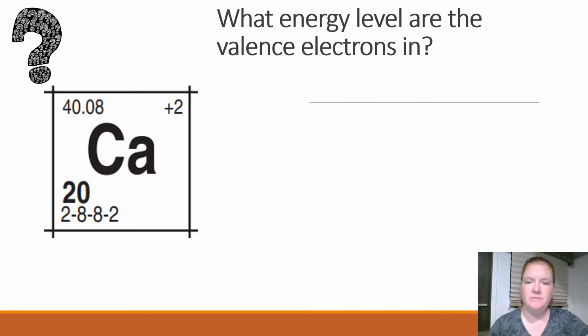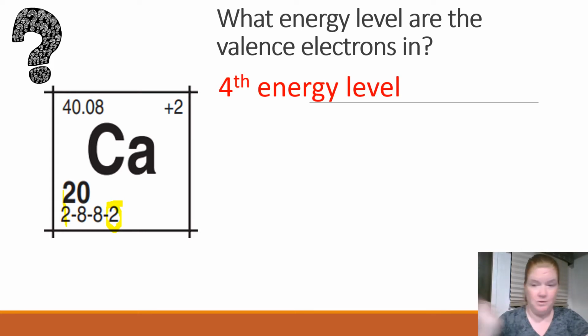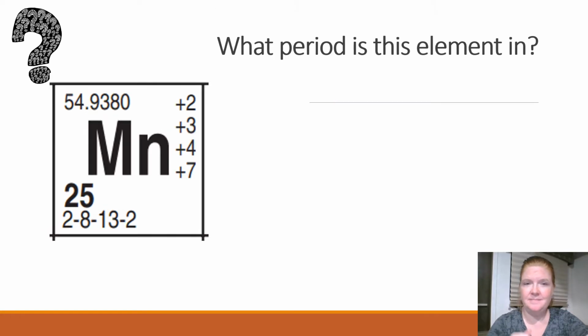What energy level are the valence electrons in? Look, valence electrons is the last number, right? So this is energy level 1, energy level 2, energy level 3, oh, the 4th energy level. What period is this element in?